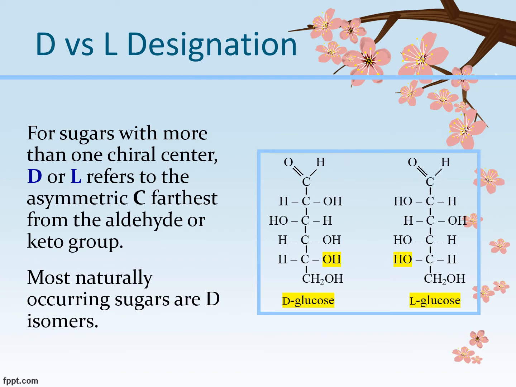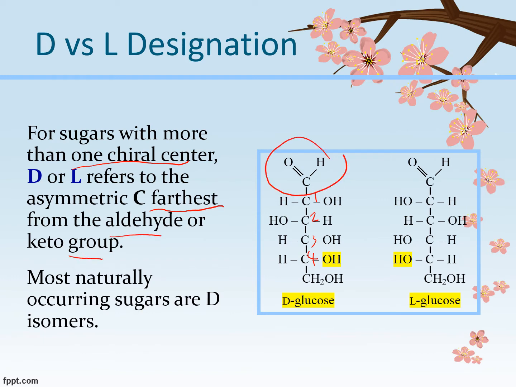So for sugars with more than one chiral center, like glucose here, it has more than one chiral center. Remember, 1, 2, 3, 4, right? 4 chiral centers. So we will refer to the farthest OH from the aldehyde or ketone group.